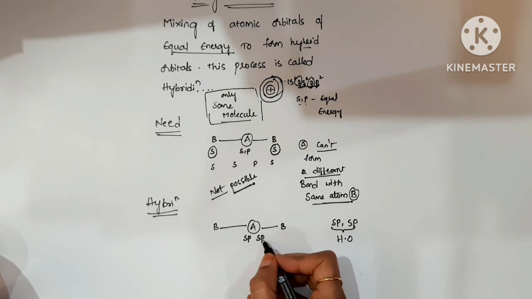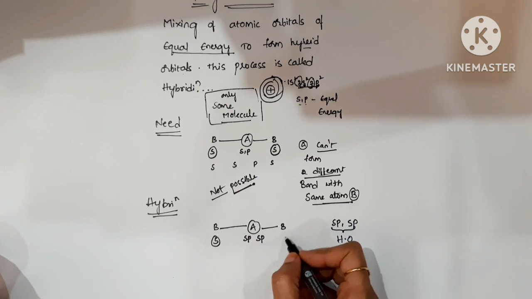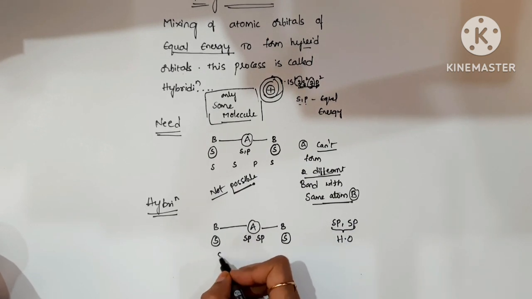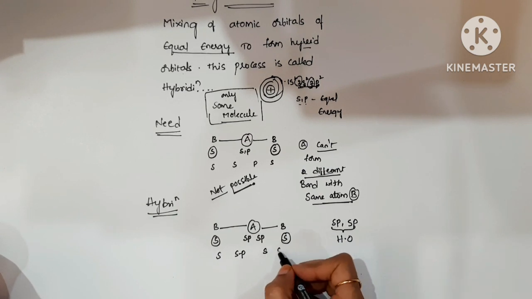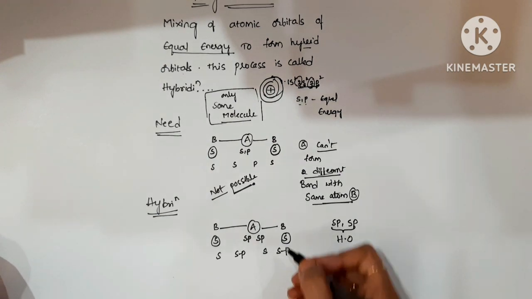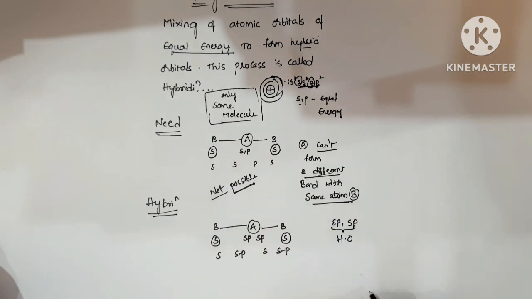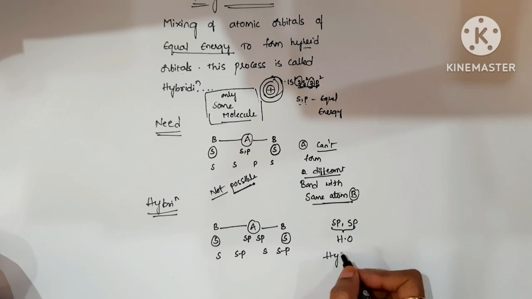These hybrid orbitals overlap with the s orbital of B atom. So here s and sp overlapping, and here also s and sp overlapping. This is the way the atoms are bonded with each other. That's why we need hybridization.